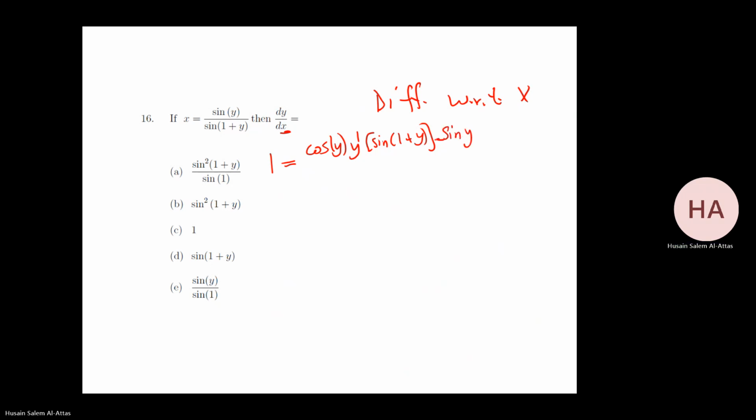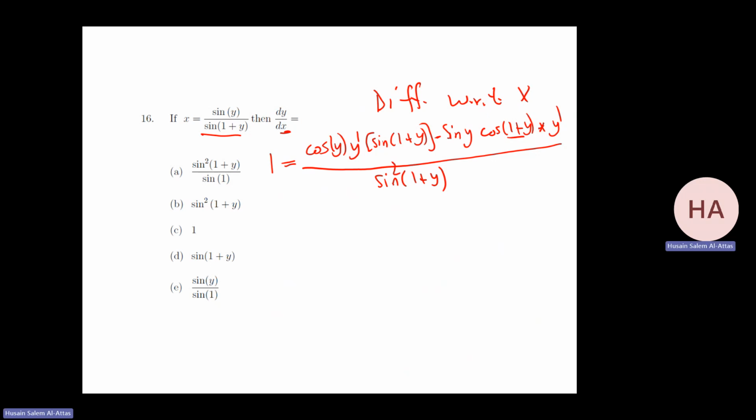sine y times the derivative of this, which is cosine (1 plus y), and the derivative of this one, which is y prime, all over the denominator all squared. Okay, so I have what?